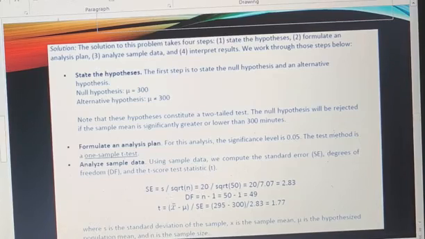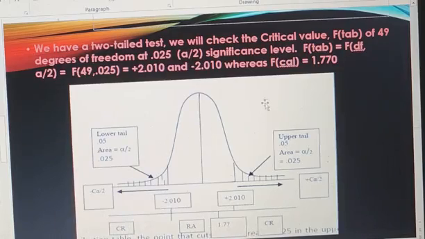We will check the critical value, t-tab, of 49 degrees of freedom at the 0.025, alpha/2, significance level. t-tab equals t(df, alpha/2) equals t(49, 0.025) equals plus 2.010 and minus 2.010, whereas t-cal equals 1.770.